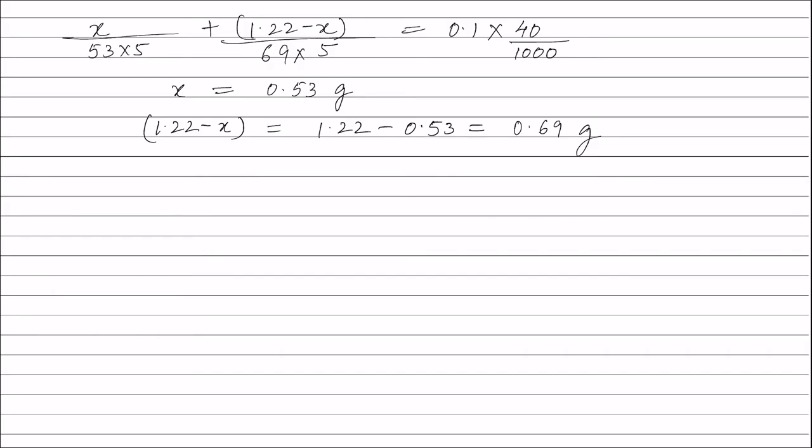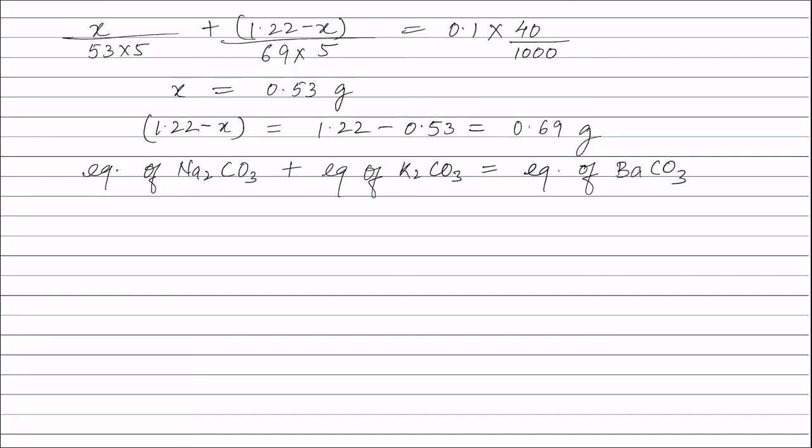Now on heating with excess barium chloride, both sodium carbonate and potassium carbonate react with barium chloride, and the product contains precipitate of barium carbonate. Therefore, we can write equivalents of sodium carbonate in 20 milliliter of the solution plus equivalents of potassium carbonate in 20 milliliter of the solution is equal to equivalents of barium carbonate.